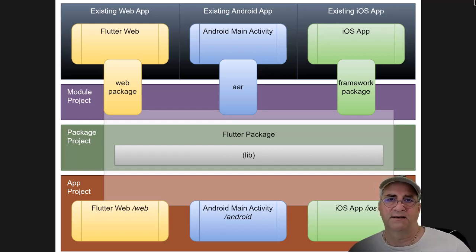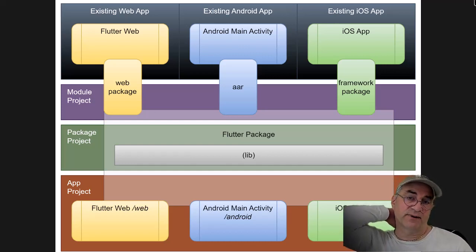And the web app might either be deployed standalone, or it might be deployed in an iframe or something, actually an HTML element or something else that makes it look like part of an existing web app, right? And so the one across the top, what I was trying to get across at the bottom is these would be kind of the standalone applications, but you could take the same code basically and create a web package, an AAR, a framework package, and embed them.